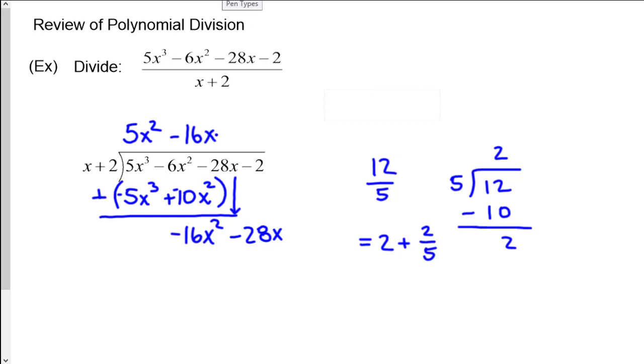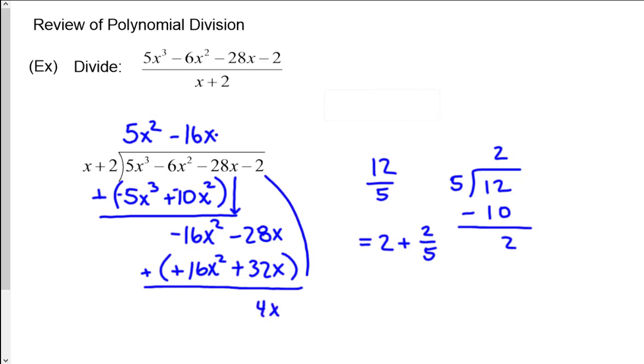Multiplying, that gives me negative 16x squared. Negative 16 times 2 is minus 32x. Now I subtract at this step, and when I subtract this polynomial, it changes both signs on the inside. So 28x plus 32x is 4x. Then I bring down my next term, so minus 2.